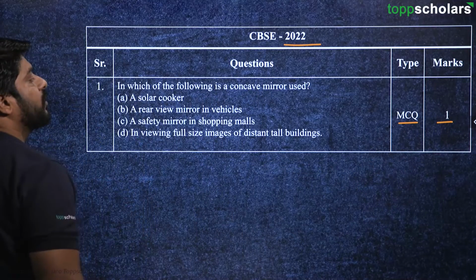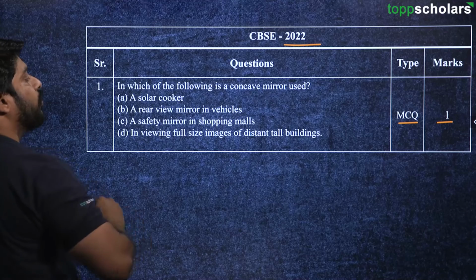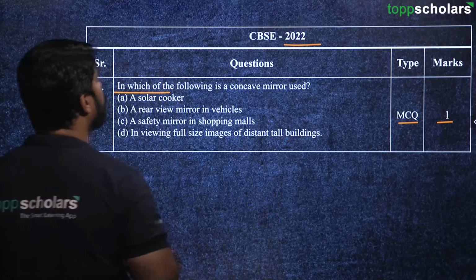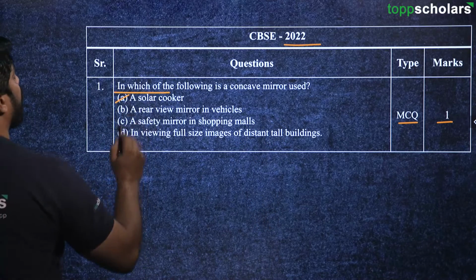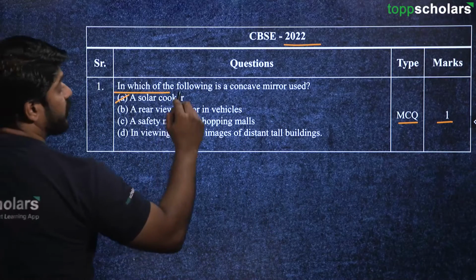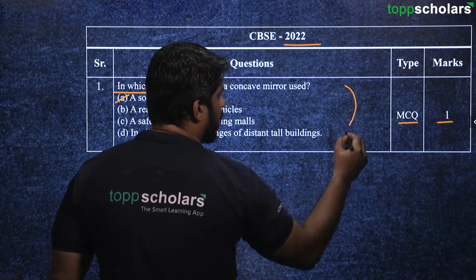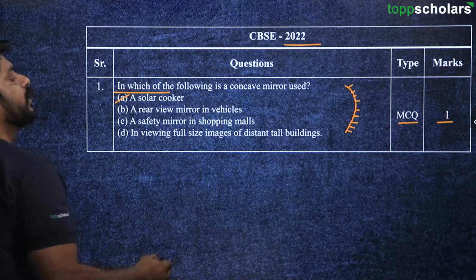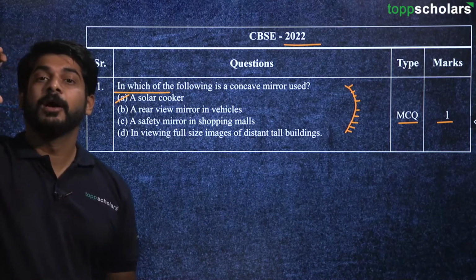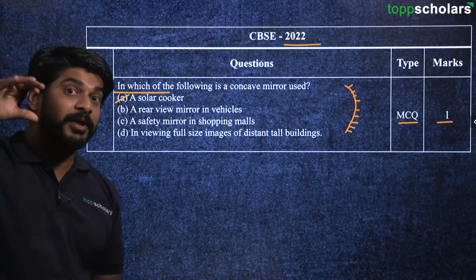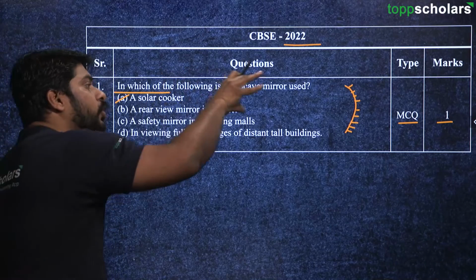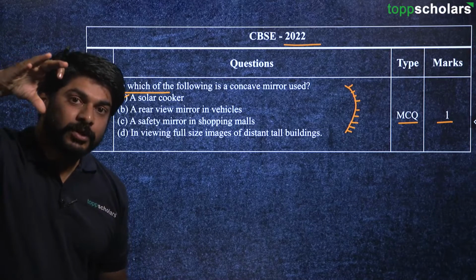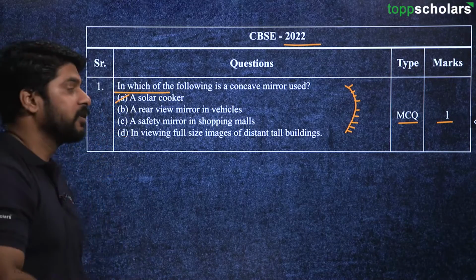In which of the following is a concave mirror used? So first is a solar cooker. It's a concave mirror, remember, somewhat like this. As we know, in case of a concave mirror, when the parallel beam of light or parallel rays of light fall on this concave mirror, then all of these rays converge at a particular point, isn't it?